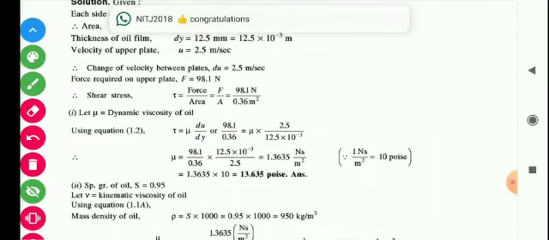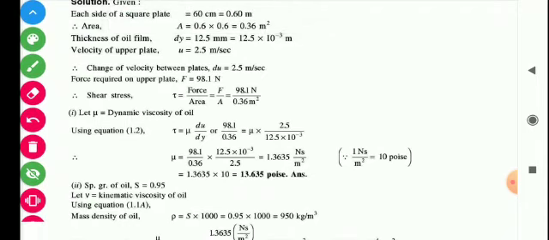Tau we already calculated, du we know, dy we know. So put all these values in this equation and finally you will be able to calculate the value of dynamic viscosity, or simply we can say the value of viscosity is 30.635 poise.